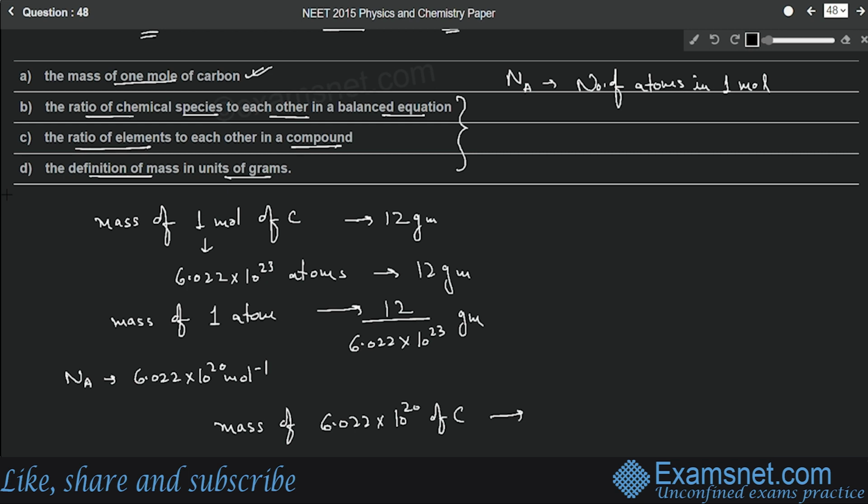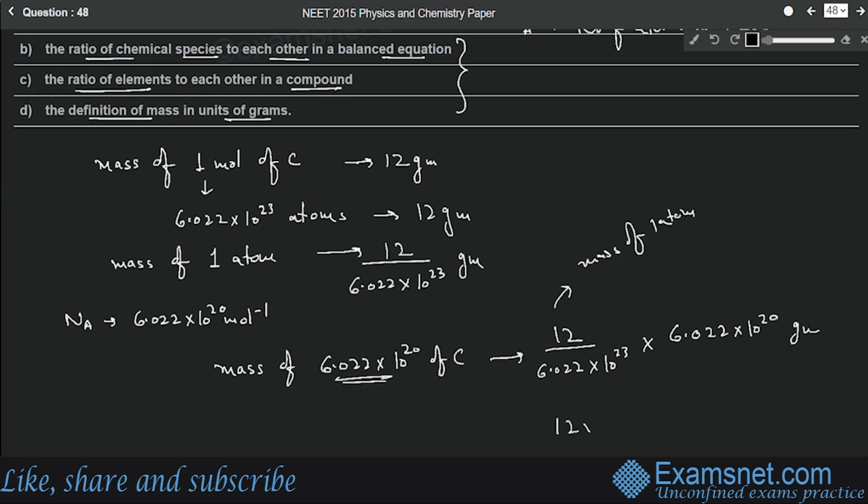So this will be equal to 12 divided by 6.022 into 10 to the power 23, that is the mass of 1 atom of carbon, into the number of atoms, 6.022 into 10 to the power 20 grams. On solving this, we get 12 into 10 to the power minus 3 grams.